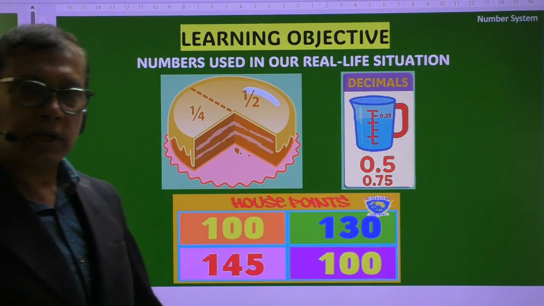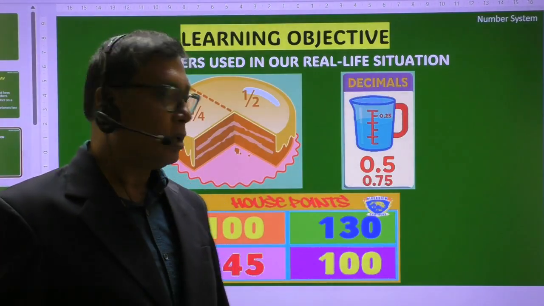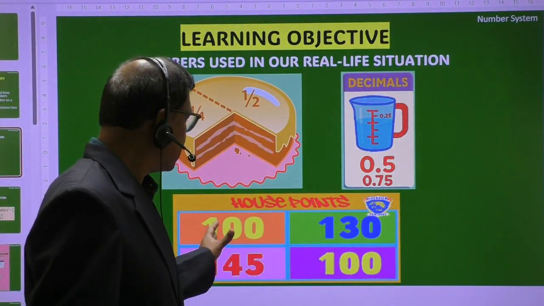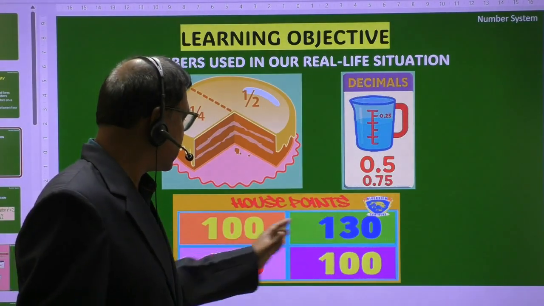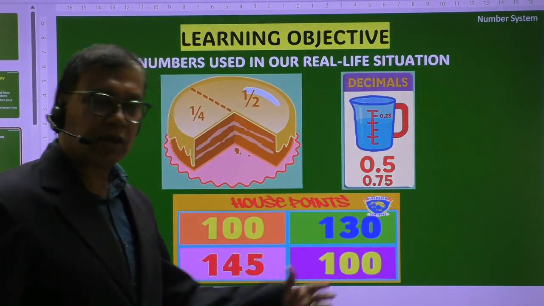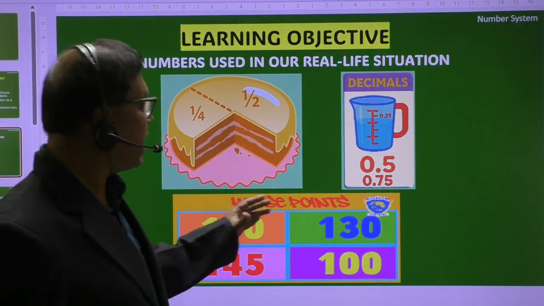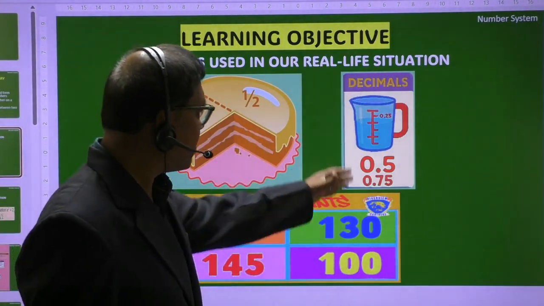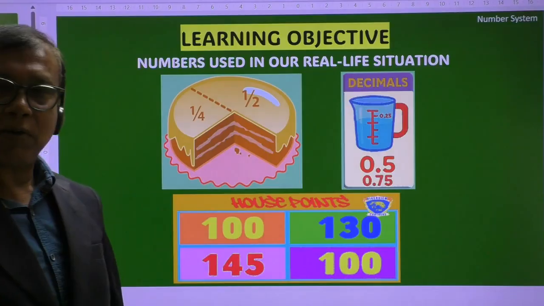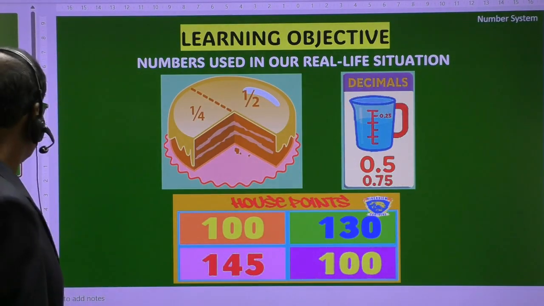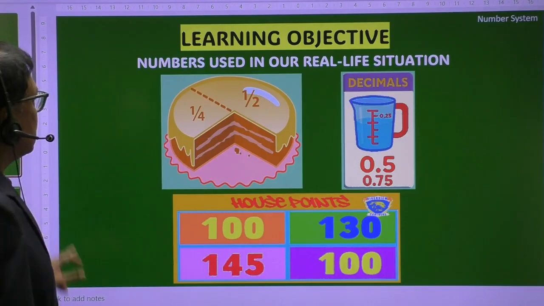I think you know in your school house points. So house points are represented by numbers, say 100, here 130, 145, 100. So these are also one kind of numbers. See here, we are using various types of numbers in our real life situation. Yes or no?